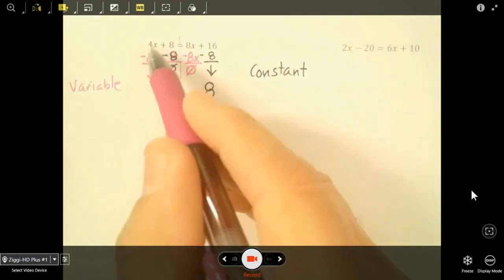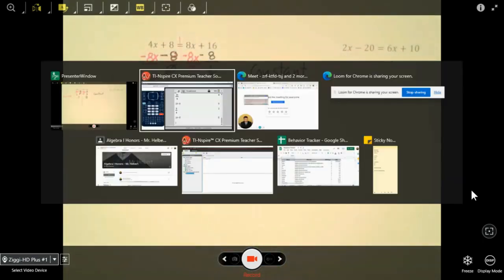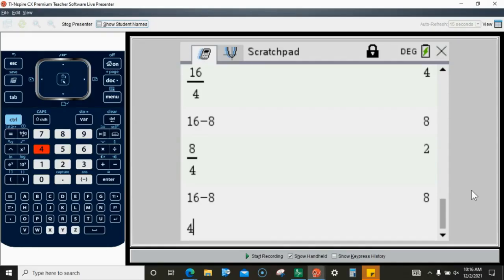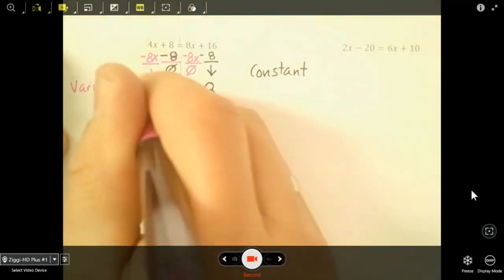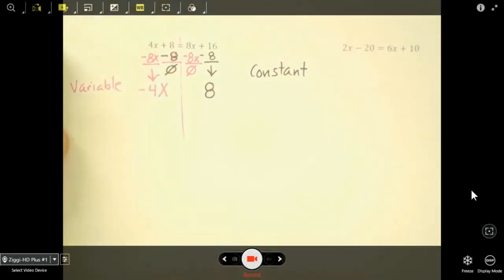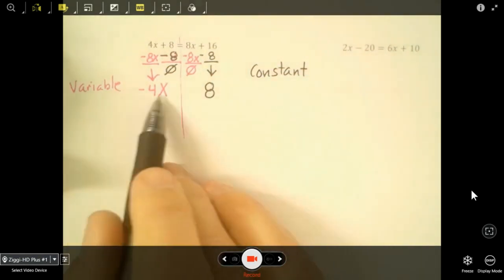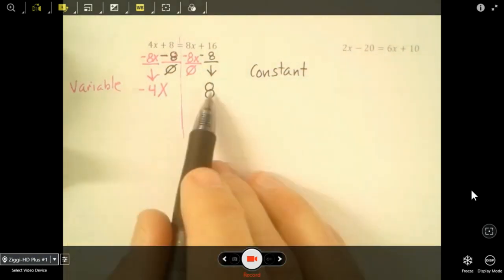But now I'm going to do 4 minus 8 in my calculator to see what it gives me. And 4 minus 8 is going to give me negative 4. So I'm going to write negative 4. So I have negative 4x on the left, and I have 8 on the right.